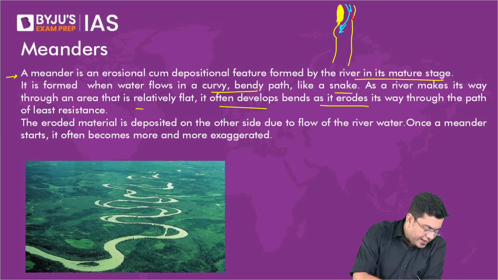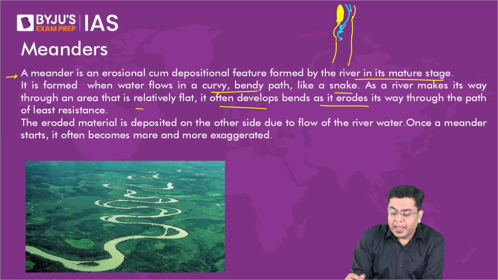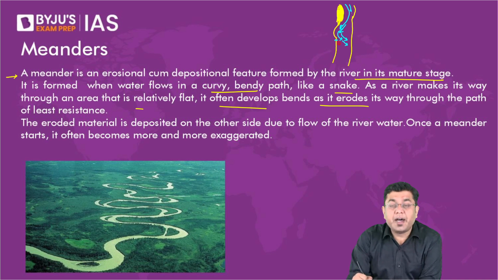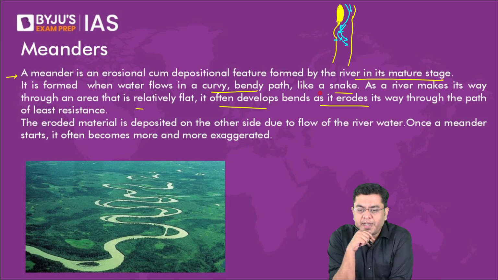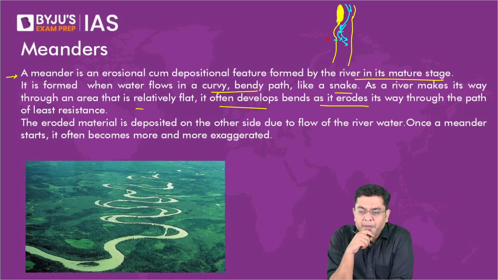Then what will happen? After that, as the river water continues here, it will get diverted like this. Now in this particular portion, if I mark this portion A, as the river water is getting pushed in this direction, will the speed of the river here be fast or slow?